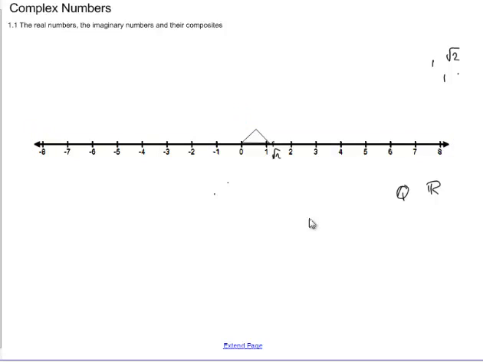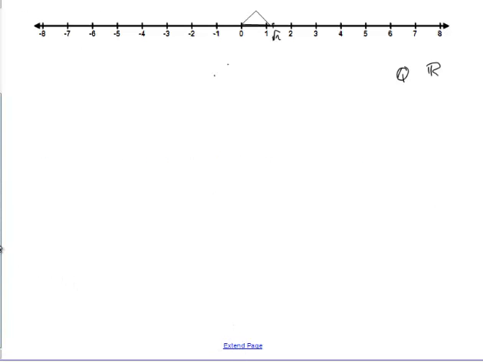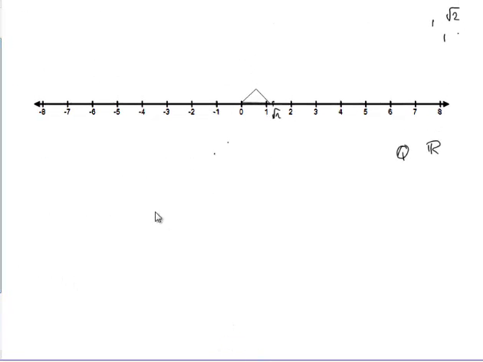Indeed. So we showed that this was presenting us with not enough numbers, because we didn't have something to represent the hypotenuse of that triangle. All together, guys?